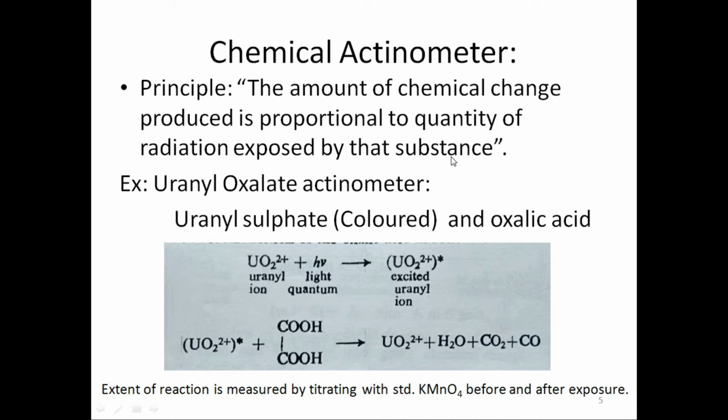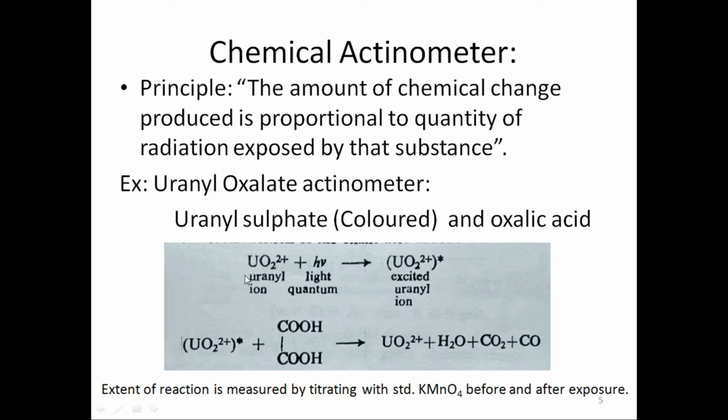The best chemical actinometer is a solution of uranyl sulfate and oxalic acid. Here the light absorbed by the colored uranyl ion, UO2 2+, causes decomposition of oxalic acid.